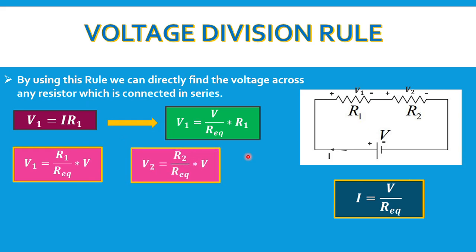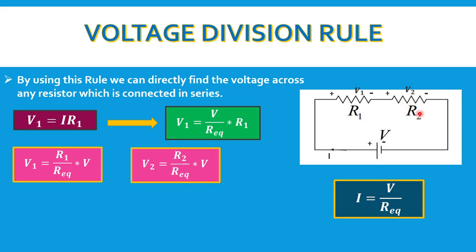Now the voltage across resistor 2. The voltage across resistor 2 is V2, and the current flowing through this resistance is I. So by using Ohm's law, V2 is equal to I into R2.